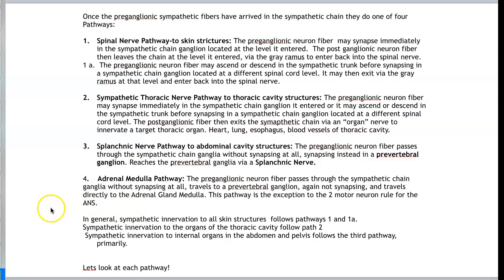You are going straight to the adrenal gland, and you're going to synapse on that adrenal gland, and the adrenal gland will then release epinephrine into your blood. So draw those. If you draw them, you will understand them. Seems complicated, but it's not.